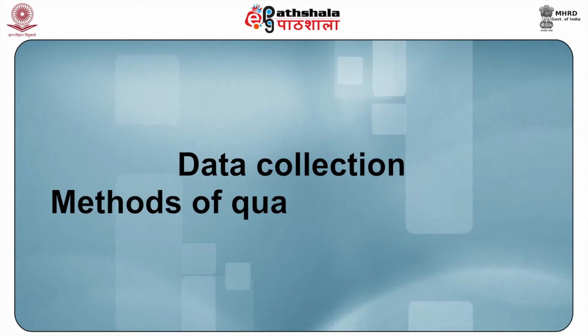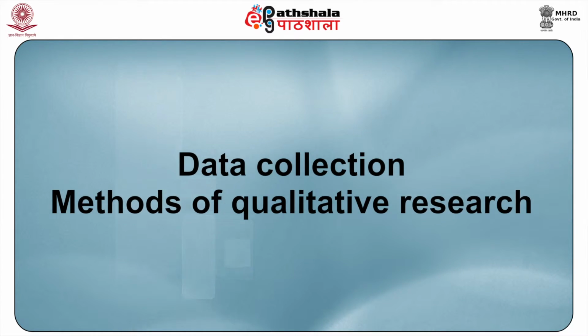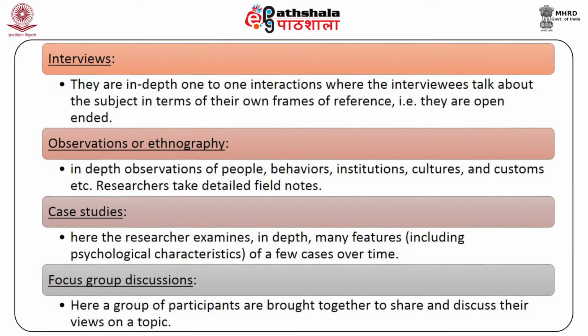Data collection, methods of qualitative research. The most established methods of qualitative data collection include interviews. They are in-depth one-to-one interactions where the interviewees talk about the subject in terms of their own frames of reference, that is, they are open-ended. Observations or ethnography: in-depth observations of people, behaviors, institutions, cultures and customs, etc. Researchers take detailed field notes.